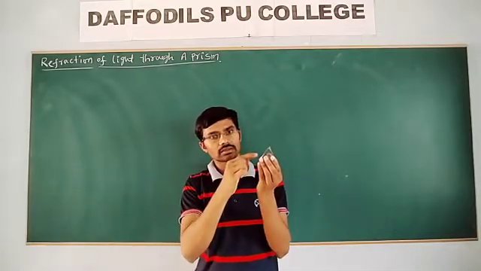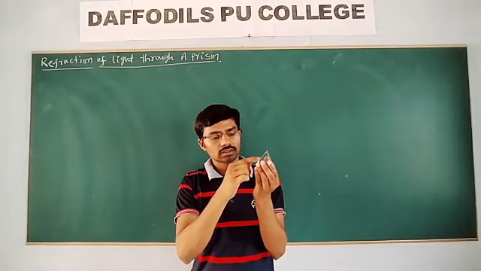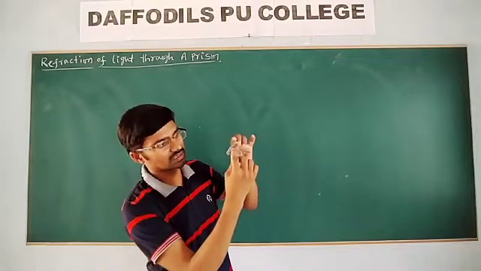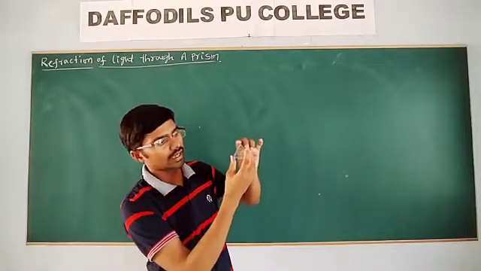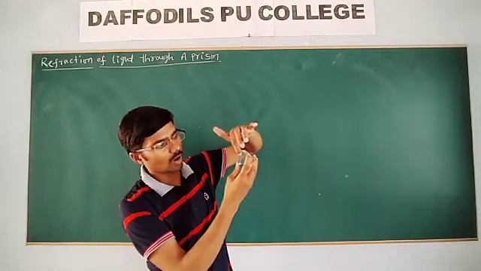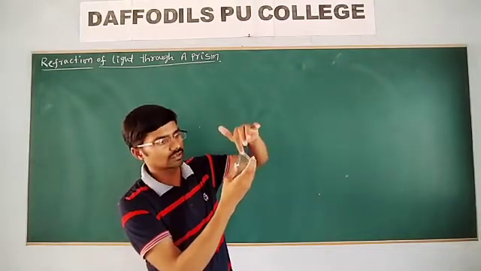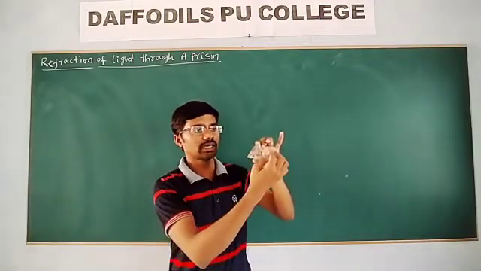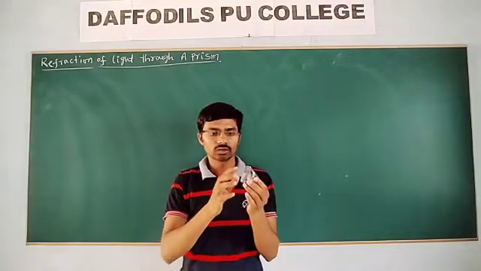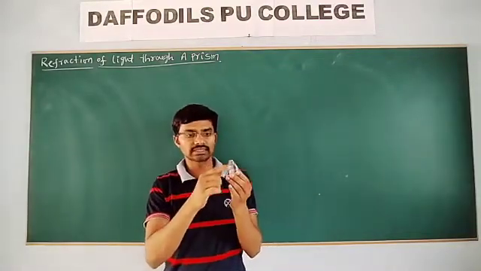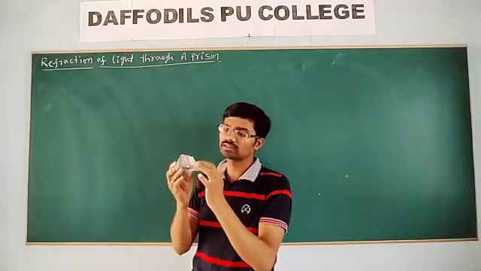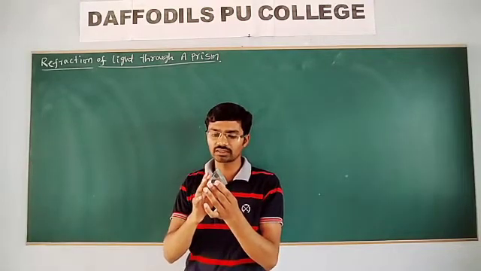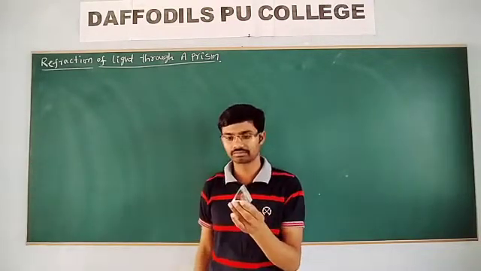Once light enters this prism, first it gets refracted inside, and again when it comes from inside to the outside, from denser medium to rarer medium, it is refracted again. That means it is refracted two times. One is at this surface and the second is at this surface. So this is the first refracting face and this is the second refracting face.